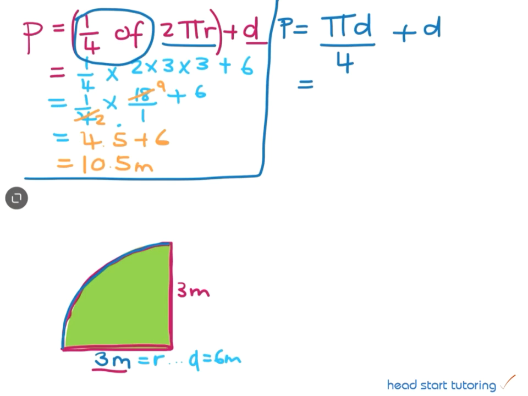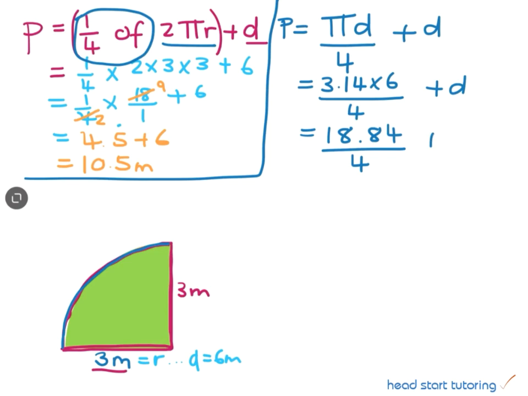So pi times d is equal to 3.14 multiplied by our diameter, which is equal to 6, and then we put that over 4, or divide that by 4, and remember to plus our diameter at the end. So 3.14 multiplied by 6 gives us an answer of 18.84, and we divide that by 4, and we plus our diameter, which we can plug in now, is equal to 6, and we could have plugged that in here as well.